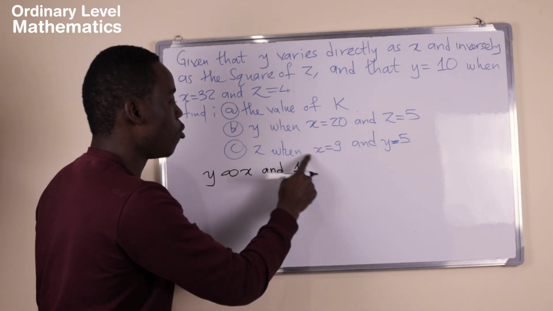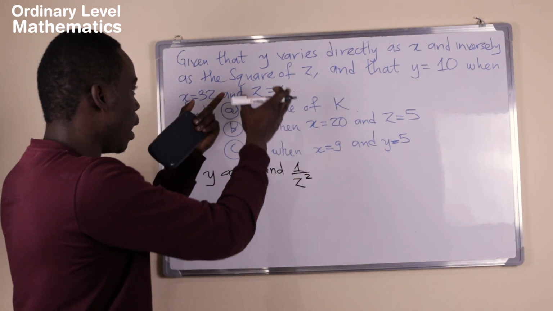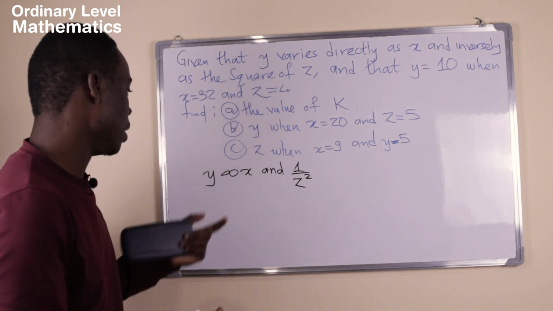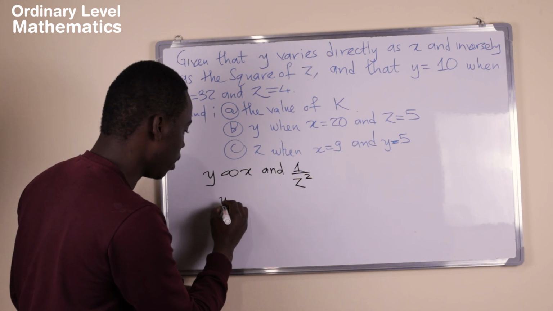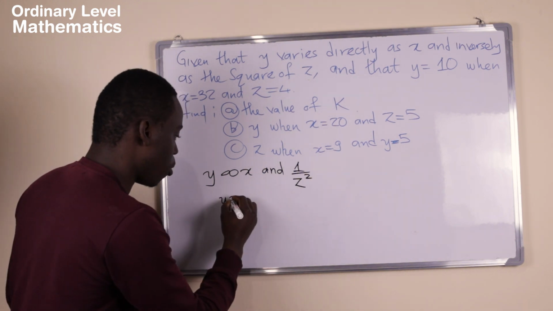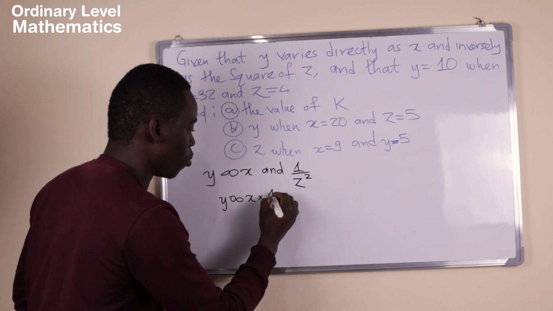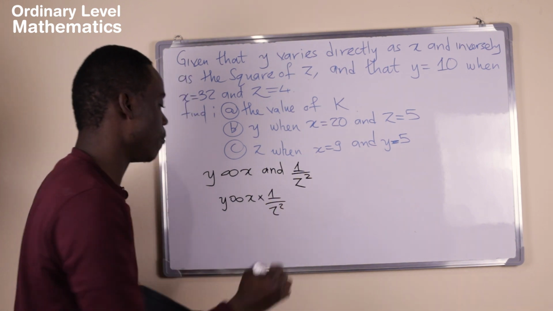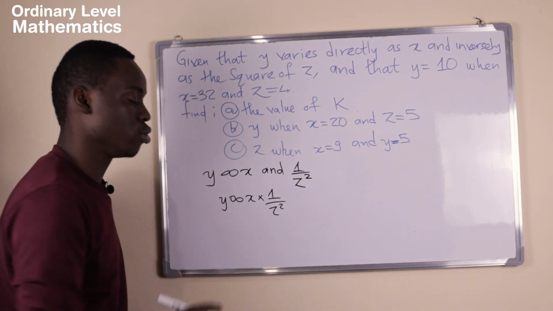This is how you write the inverse of a figure or an expression in this type of equation. And how do we break it down? y is proportional to x. Where there's an 'and', you put a multiplication sign, which is 1 over z squared. Now how do we get rid of our proportional symbol?